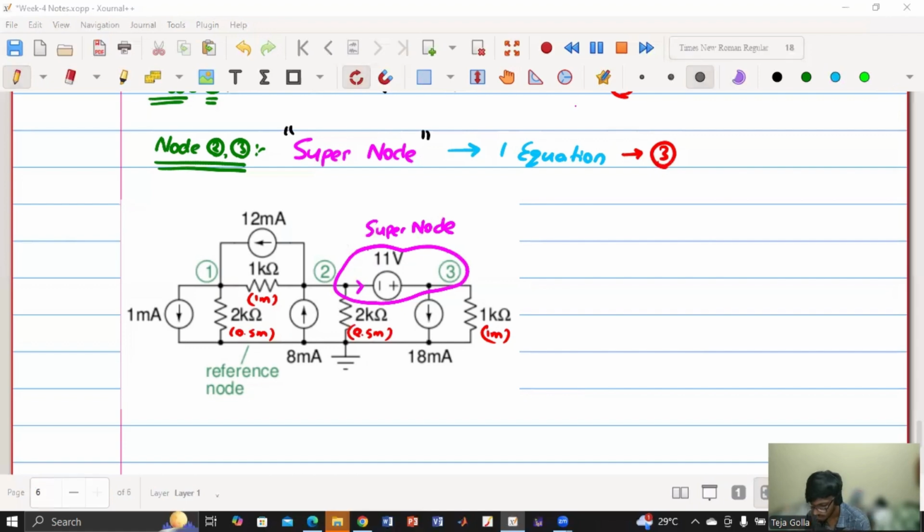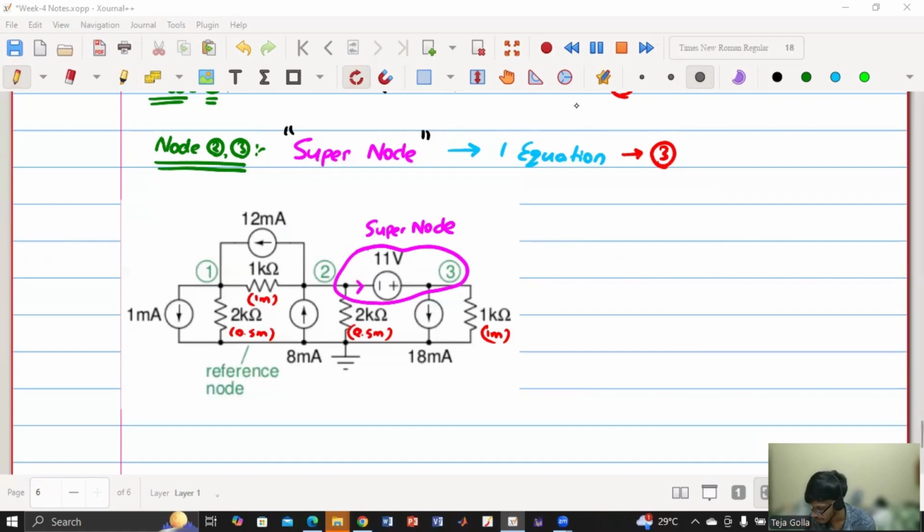Yes. So when we consider it as a super node, first we'll write all the equations related to node 2, and then all the equations related to node 3. So now we'll start with node 2. When we write node 2, we usually have A12, A22, and A23. Similarly for node 3, A13, A23, A33.